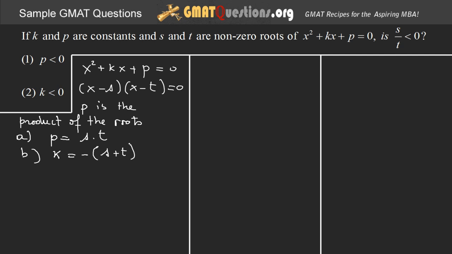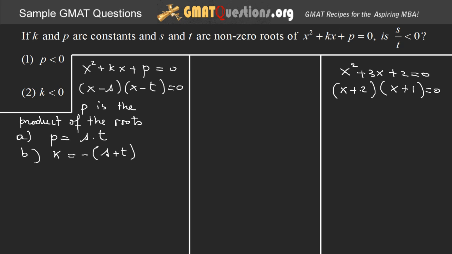Now, do not confuse s and t with the numbers you actually choose when you do a straight factorization. Let me give you an example. If you have x squared plus 3x plus 2 equals 0, when you factor this out, you have x plus 2 times x plus 1 equals 0. 2 times 1 gives you 2, that's the product, and 2 plus 1 gives you 3.